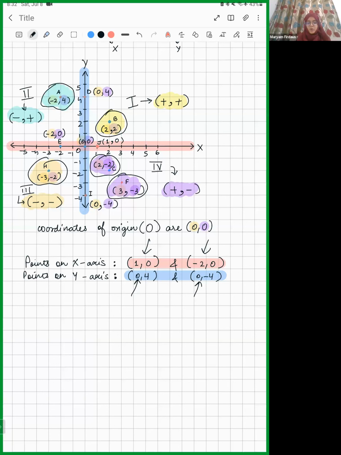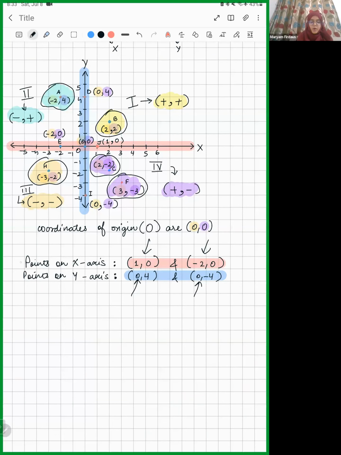Don't look at the graph right now. Look only at these points. Both abscissas have a number and both ordinates have 0. They have 0. Very good.